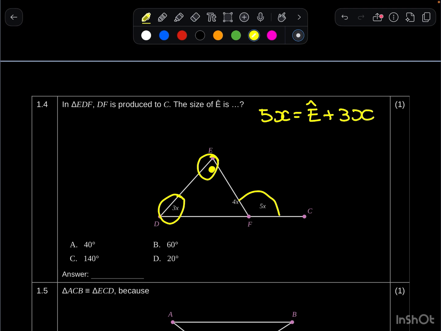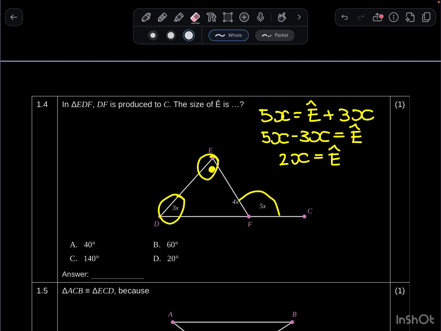The reason for that being the exterior angle of a triangle is equal to the sum of the interior opposite angles. So if we work out angle E, then we can take this 3x across, so that's going to be 5x minus 3x is equal to E. So then that's going to be 2x is equal to angle E. Okay, which helps us a bit. We're getting closer at least.